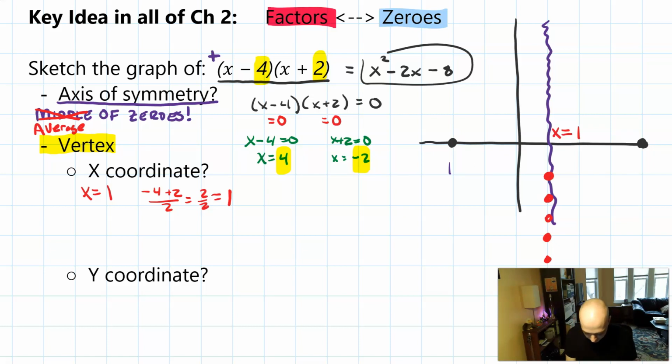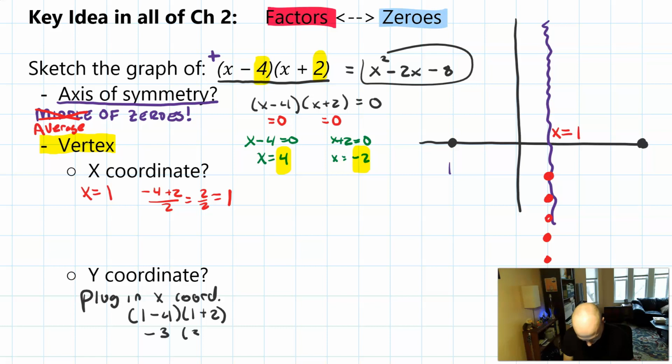How do I find the y-coordinate? Plug in the x-coordinate. You can plug in either form. I think it's almost easier, though, to plug in the factored form. 1 minus 4 times 1 plus 2. Well, that's going to be -3, and that's going to be 3.